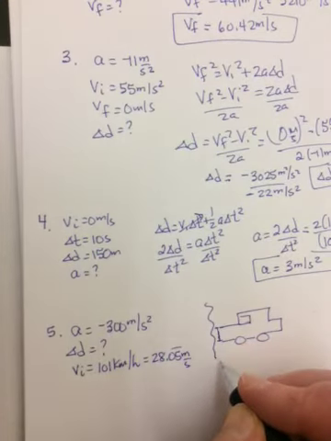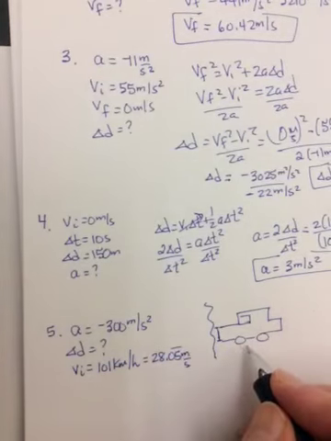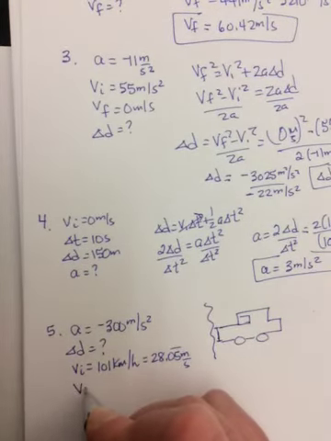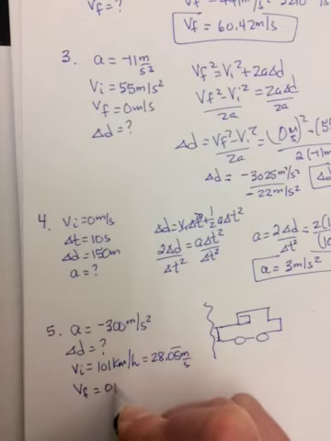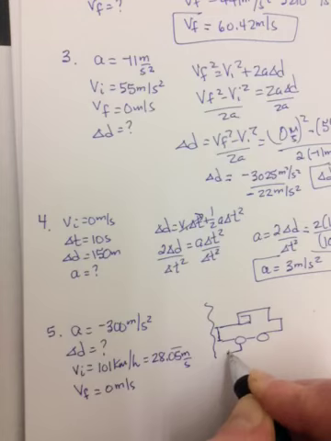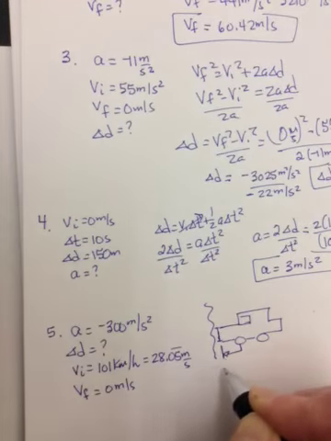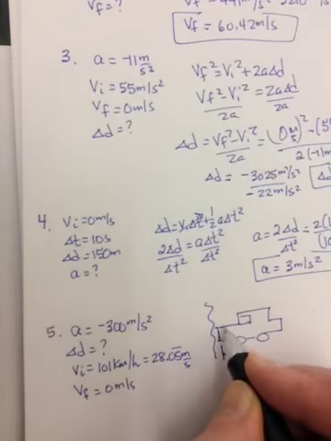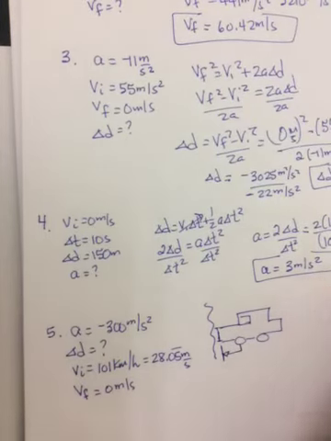When the front end touches, the wheels are still moving, and they're going to keep moving until the car comes to a stop, 0 meters per second. And so the question really is, how far do these wheels move before they come to a stop? And how far the wheels move is then how far the front end crumples.